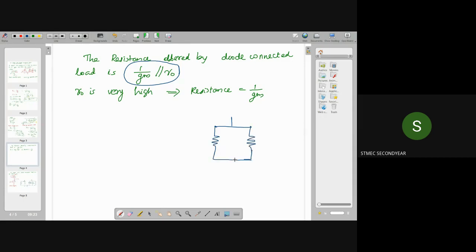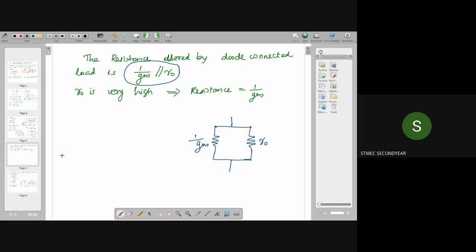This resistance value is ro. This is 1 by gm. 1 by gm, where gm is the transconductance. So 1 by gm will be resistance. So this diode connected load, we can represent as parallel combination of 1 by gm and ro.